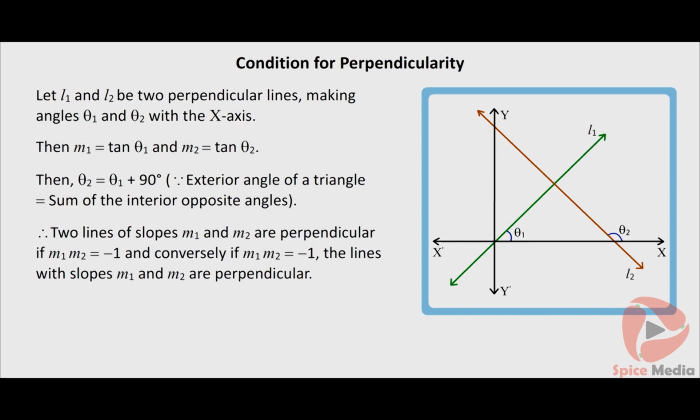Taking the tangent on both sides and simplifying, we get m1 m2 is equal to minus 1. Therefore, two lines of slopes m1 and m2 are perpendicular if m1 m2 is equal to minus 1, and conversely, if m1 m2 is equal to minus 1, the lines with slopes m1 and m2 are perpendicular.